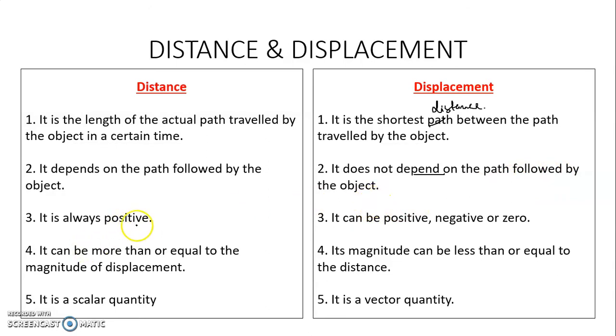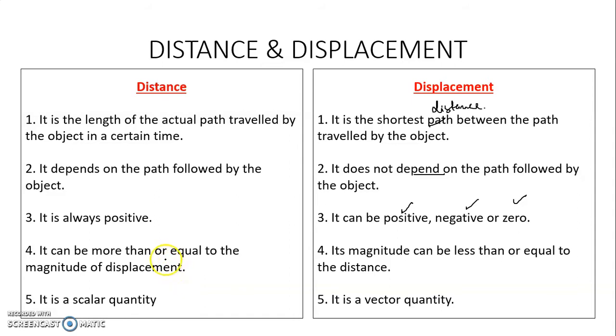Distance is always positive because it is a scalar quantity. It doesn't have direction, so distances are always positive. Whereas displacement, because it is a vector quantity, has a direction, so it can be positive, negative, or 0. Now point number 4, distance can be more than or equal to the magnitude of the displacement.